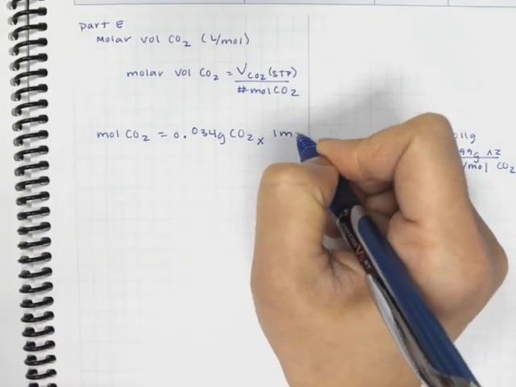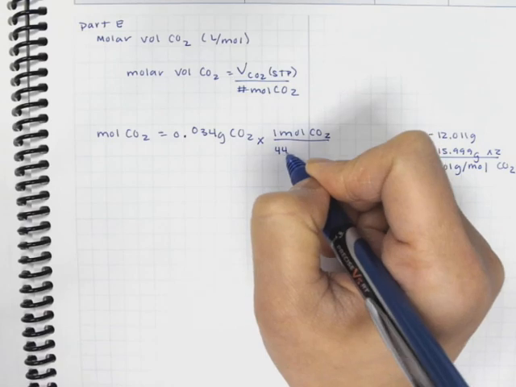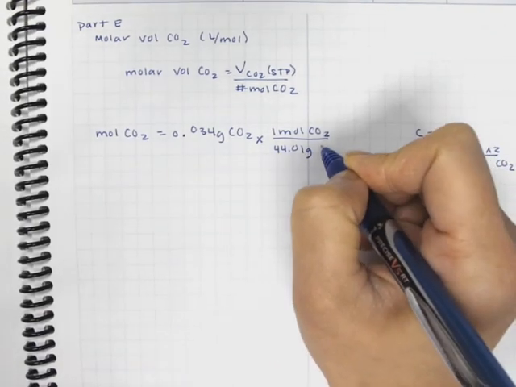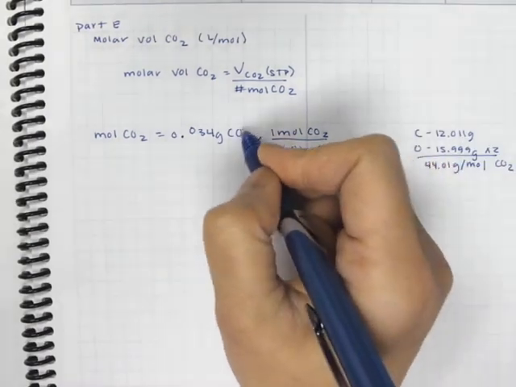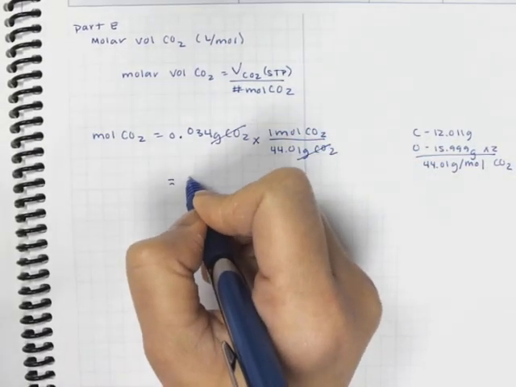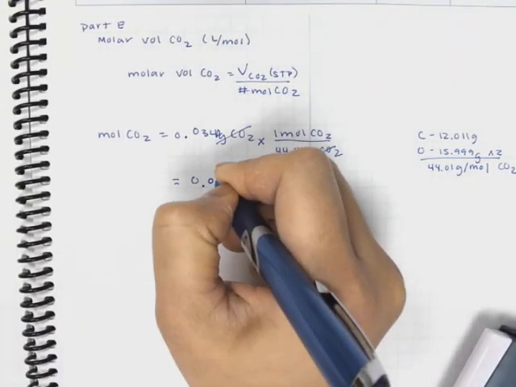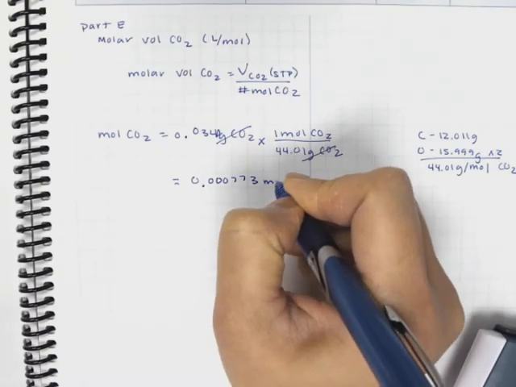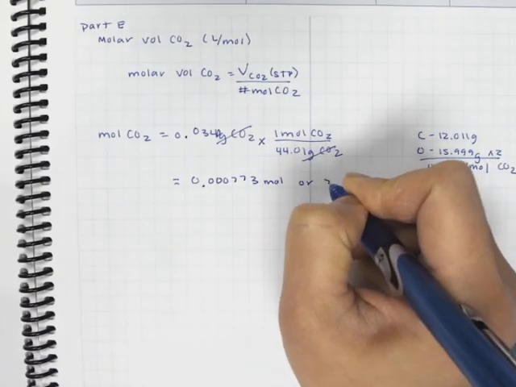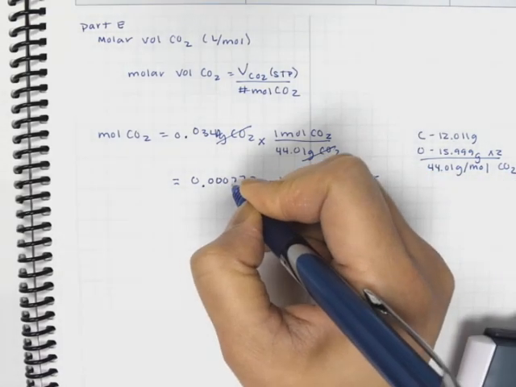So for 1 mole of CO2, it is 44.01 grams of CO2. These units cancel, and I get 0.000773 moles, or 7.73 times 10 to the negative 4.